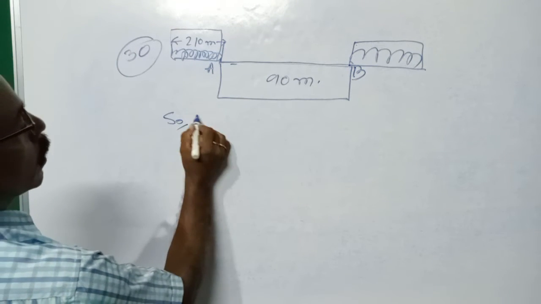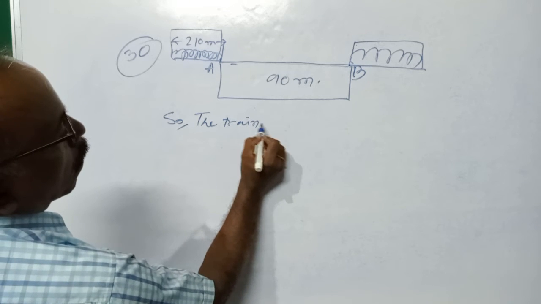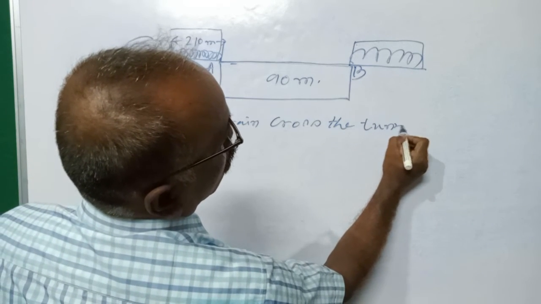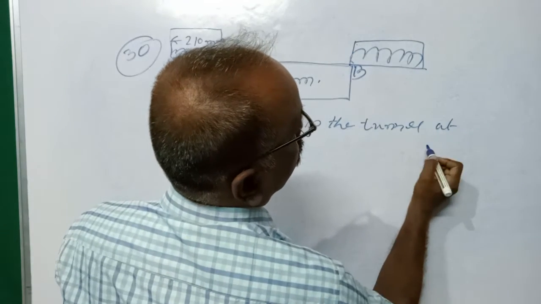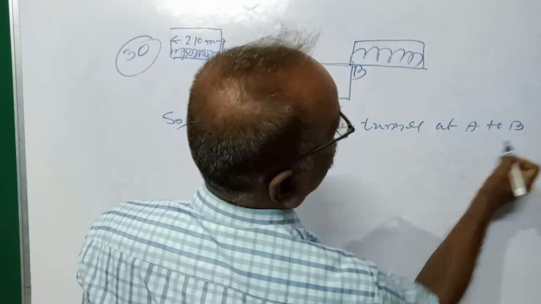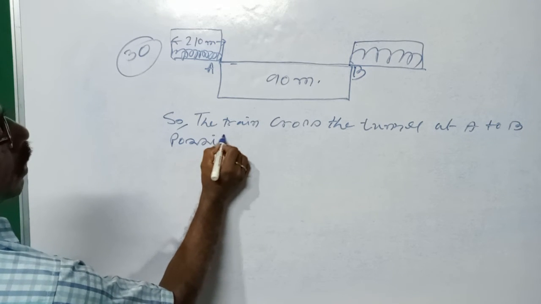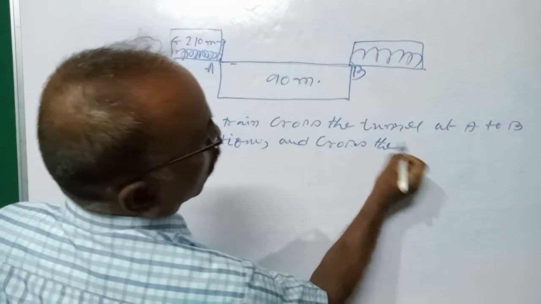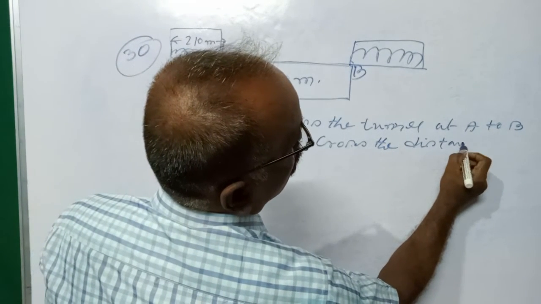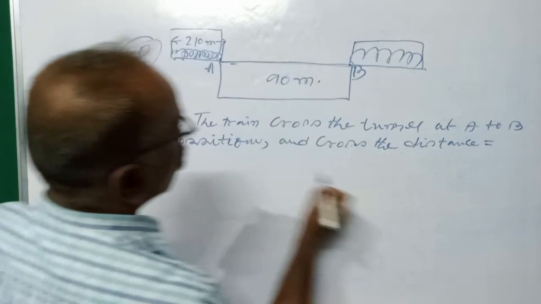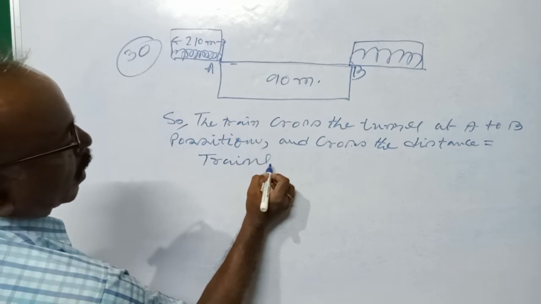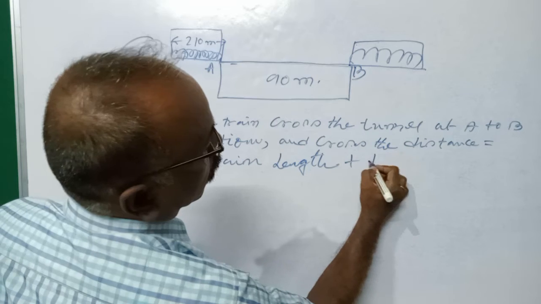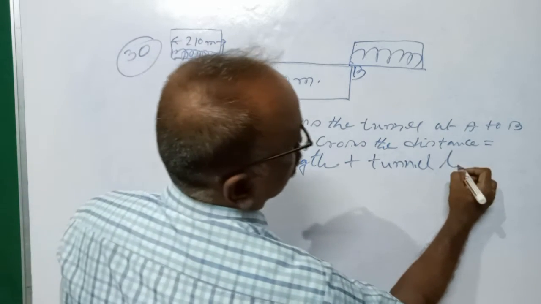So the train crosses the tunnel from the A to B position, and the distance crossed is equal to train length plus tunnel length.